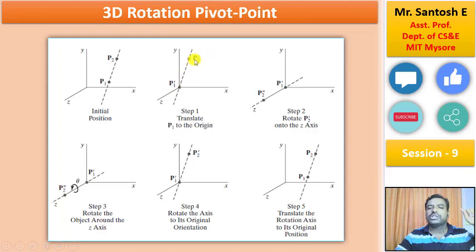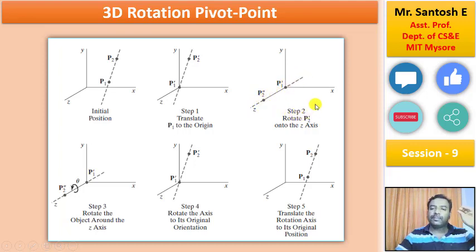This is the one which wants to be rotated with respect to P1. So the first step is translating P1 to the origin. In the second step, I need to rotate P2 so that it is parallel to the rotation axis I want to use. Right now in this example, the Z axis is the rotation axis. Hence you need to rotate P2 so that it is in line with the Z axis, something like this.